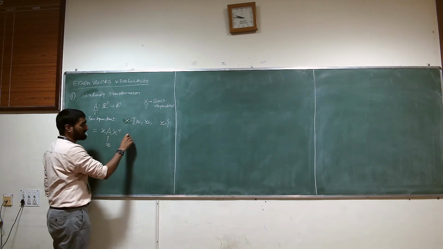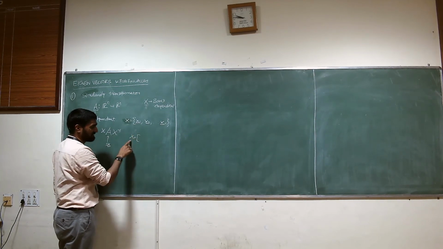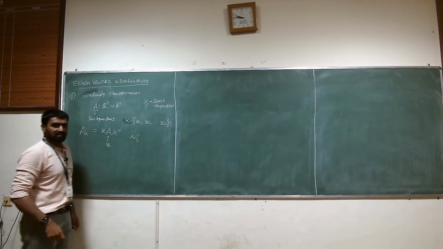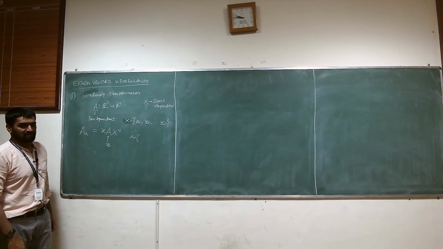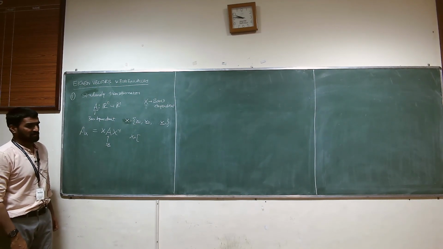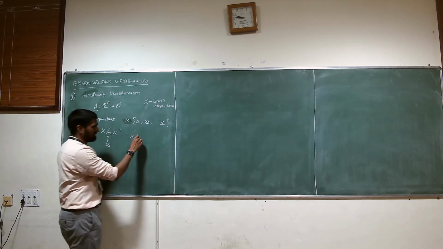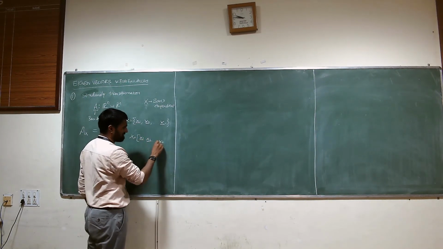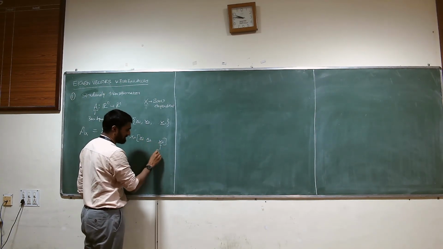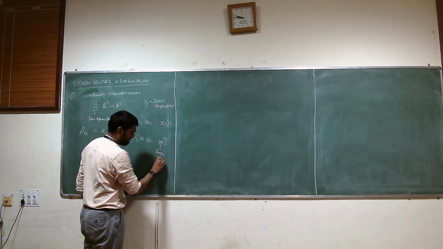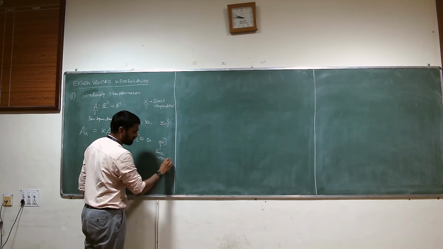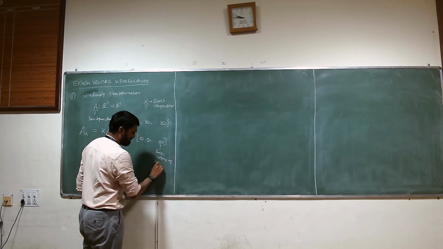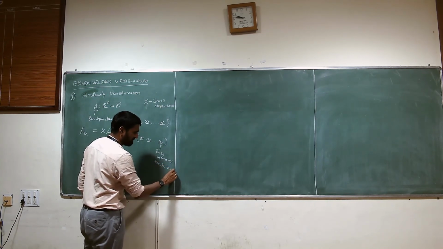And how do we know, and what is X here? It's an n cross n matrix, no? Whose columns are the basis vectors of the X basis.